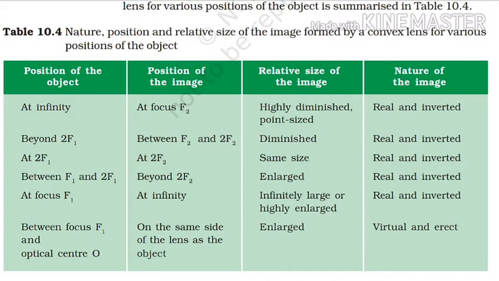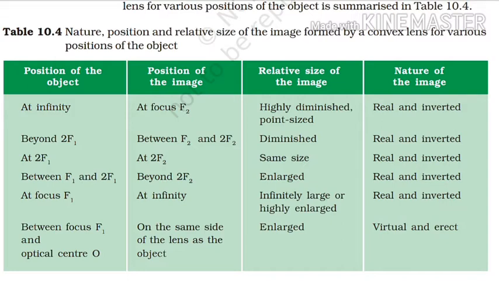Now the sixth case: the object is placed between focus F1 and optical center O. The image is formed on the same side of the lens as the object, in the direction in which the object is placed from the lens.